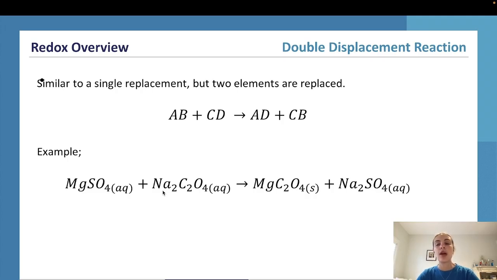You don't need to worry about that too much in terms of your exams and this syllabus, but I just thought it's useful to point it out to show you that although this can appear to not be redox, it is still considered a redox type reaction and still can be a redox reaction.